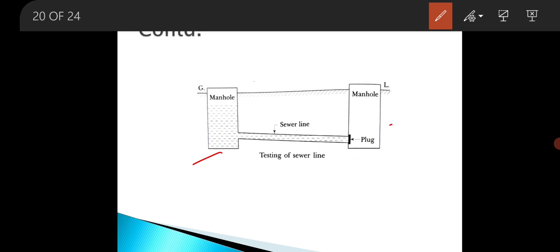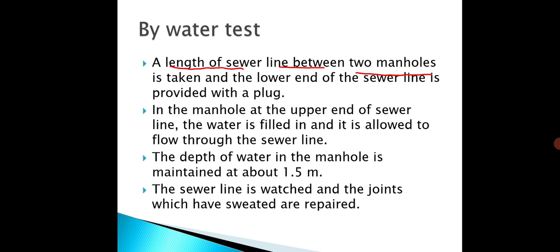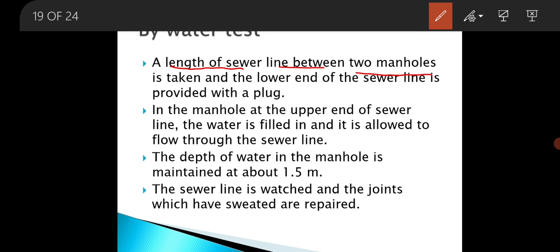So these are two manholes and this is the sewer line where we want to test the leakage, and the lower end of the sewer is plugged. Then the manhole at the upper end of the sewer line is filled with water, and the water is allowed to flow through the sewer line.